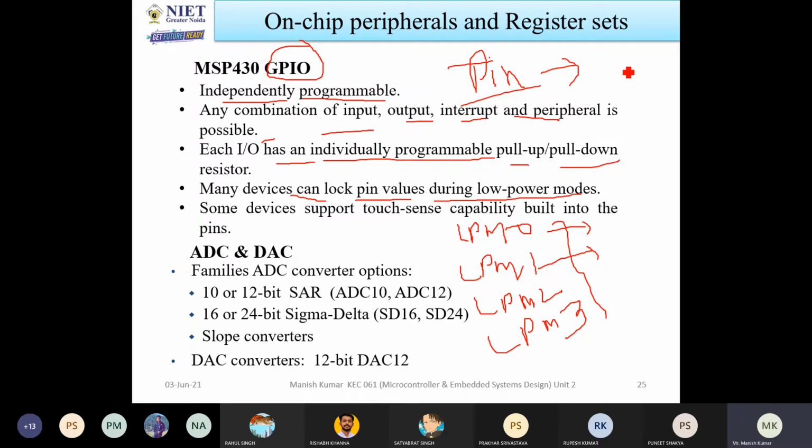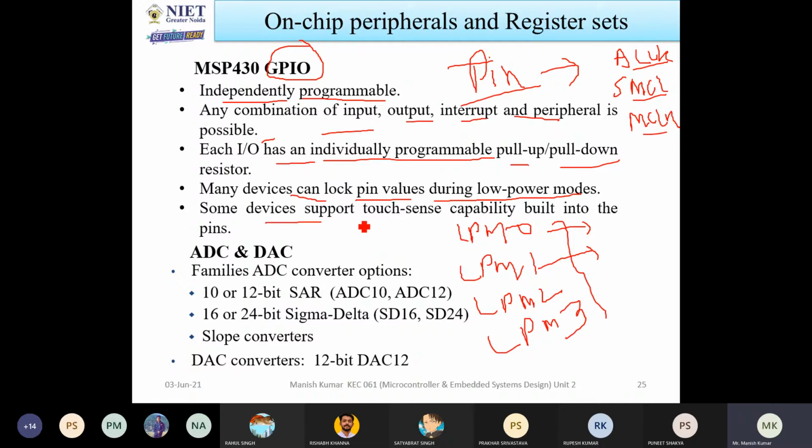All of you know that there are 3 types of clocks available: ACLK, SMCLK, MCLK. So you have to see how you can switch off these clocks. I will discuss that after 2 or 3 slides. How can you control the clocks? Some bits are available. With the help of those bits, you are able to control the clock. And with the help of that clock, you are forcing the microcontroller into various low power modes.